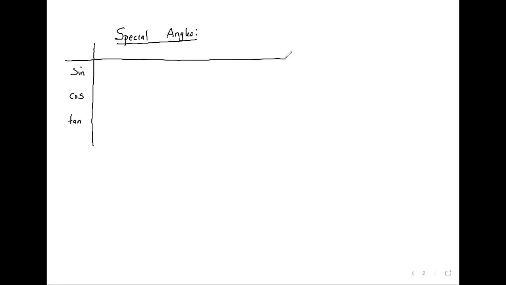Okay, so we talk about special angles. We have special angles for sine, cos, and tan. So we have special angles 0, 30, 45, 60, 90, 180, 270, 360.